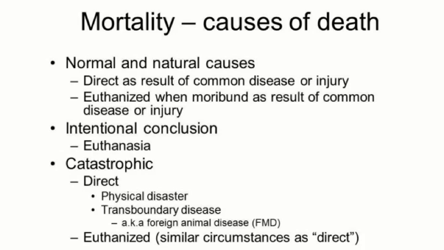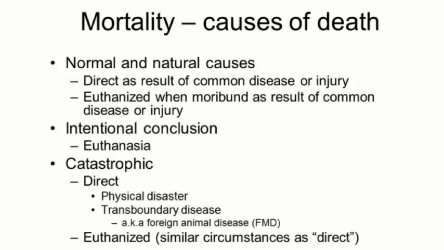What are other causes of death then? I already introduced you to the term normal and natural. Normal and natural means those deaths that are caused by common disease and injury. There are diseases that are common to the farm and to production of various livestock species, and those would be more so your flus, sometimes some respiratory diseases, a few reproductive diseases.